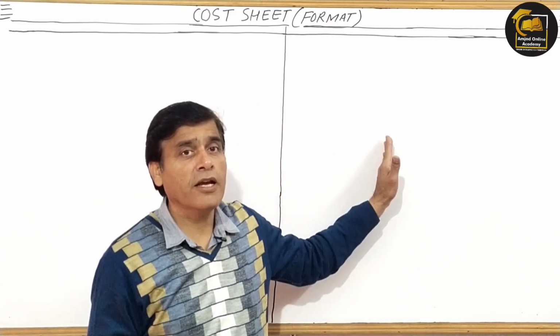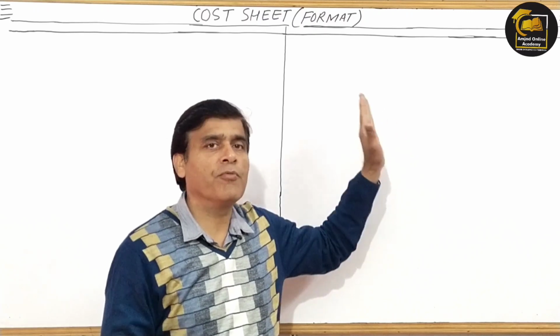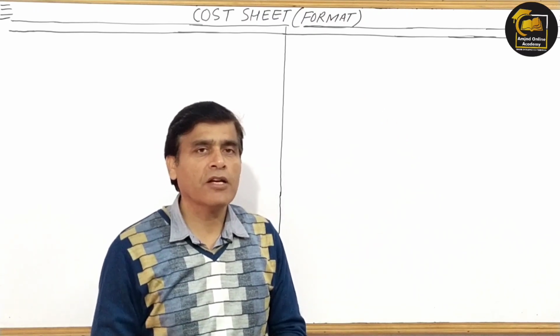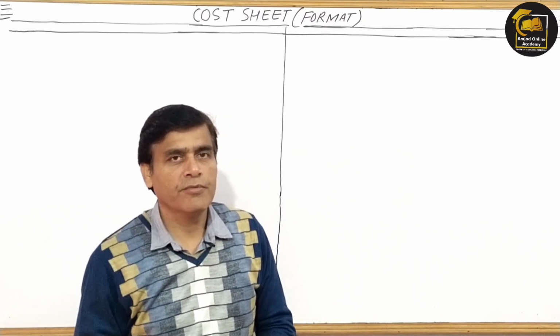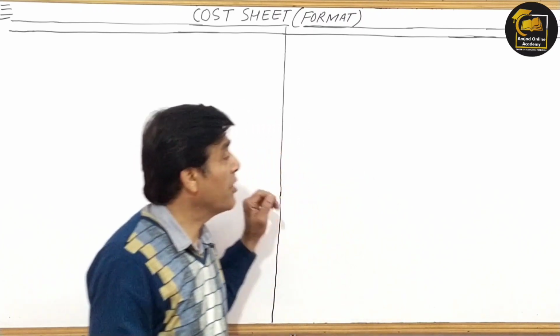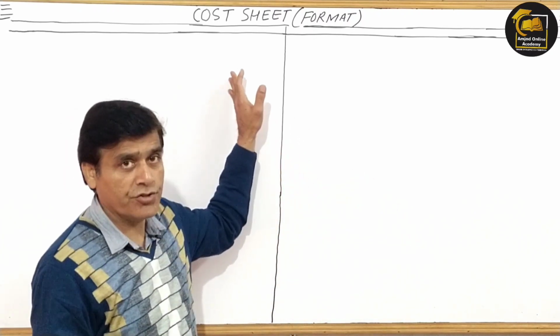The numerical and practical problems start from here, from the cost sheet in management accounting or in the cost accounting subject. All right. So what is the purpose or objective of preparing the cost sheet actually?